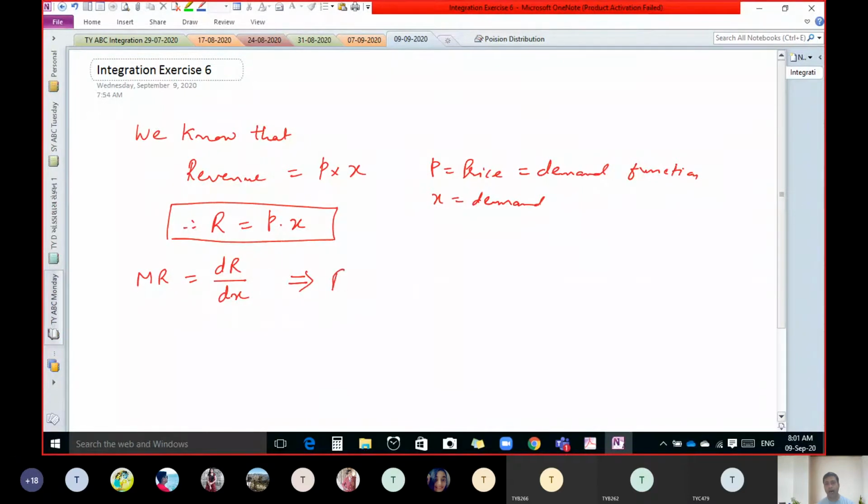So R is nothing but the integration of marginal revenue with respect to X. So if one marginal revenue is given, and if we want to find out revenue, then we just have to integrate, we get the answer.